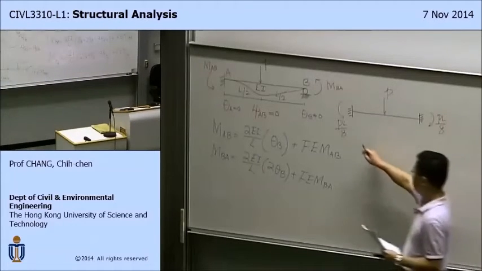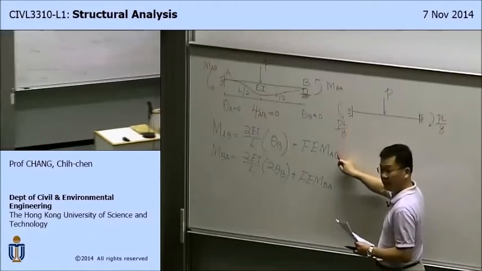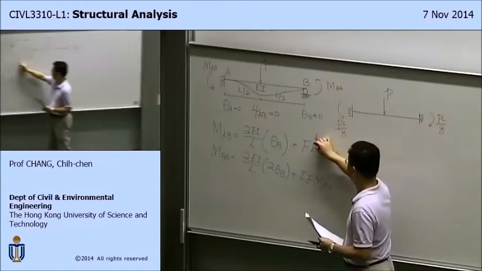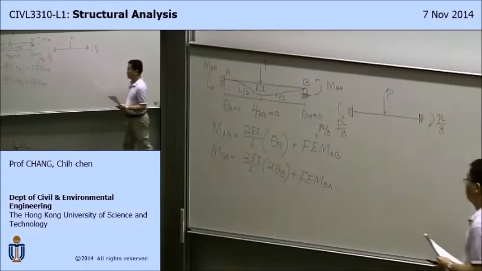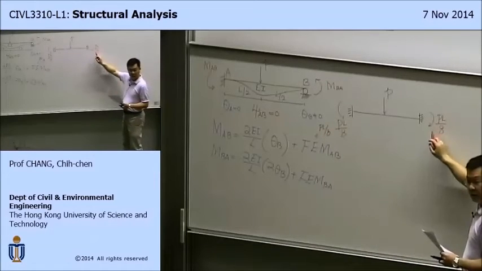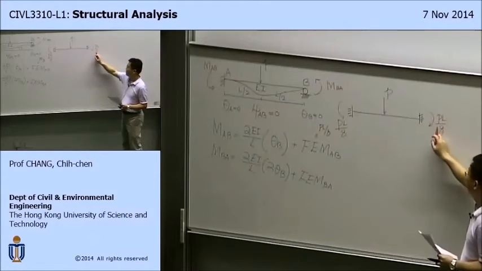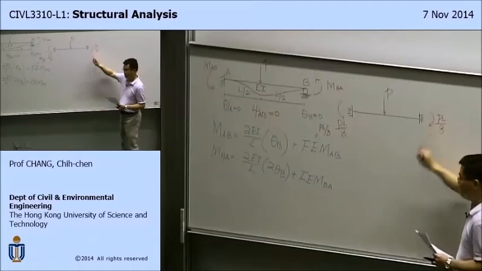So this is the fixed end moment AB. This is the fixed end moment BA, but this is clockwise, so it should be negative.